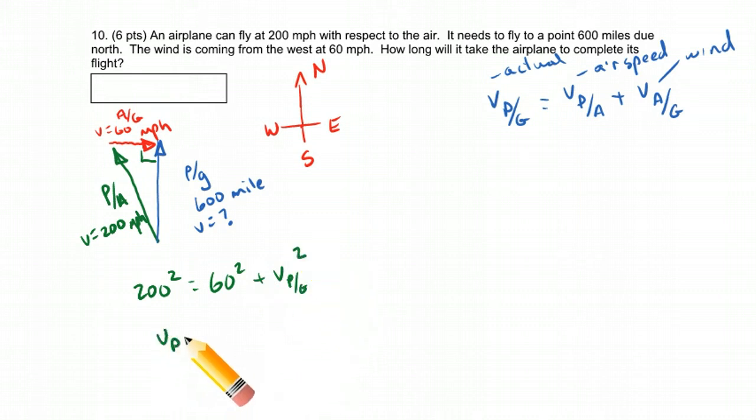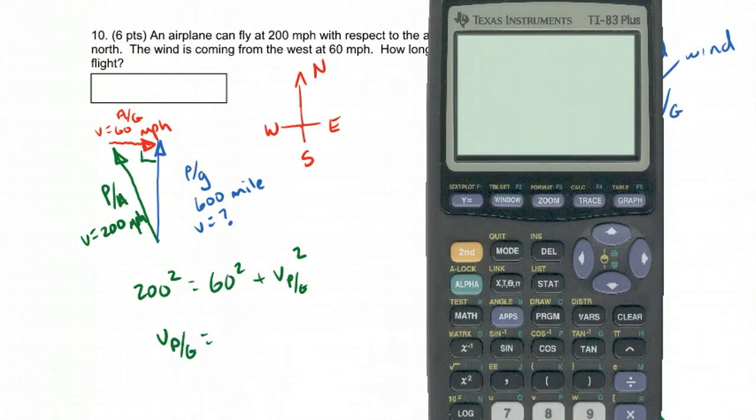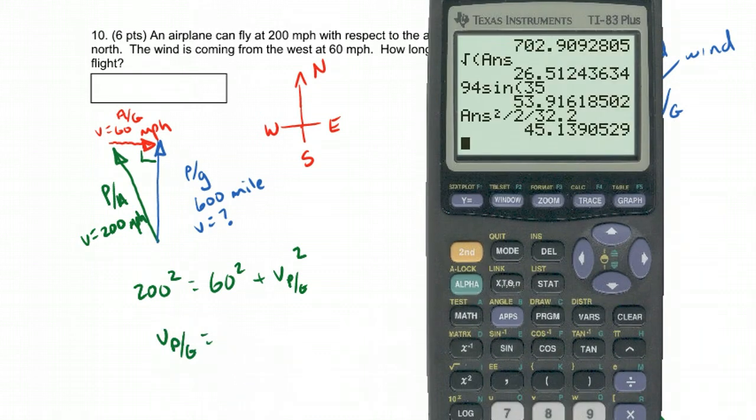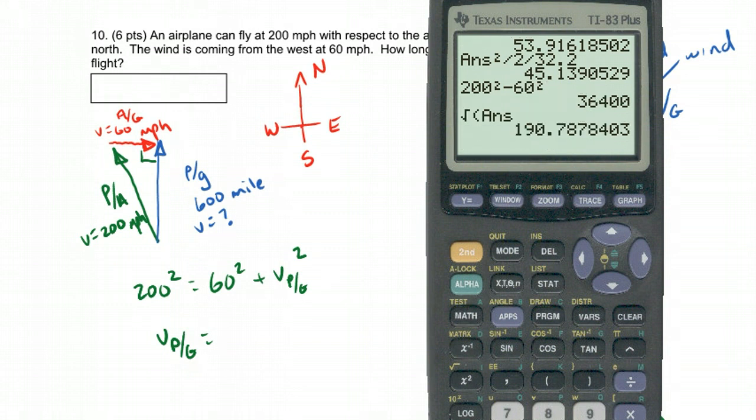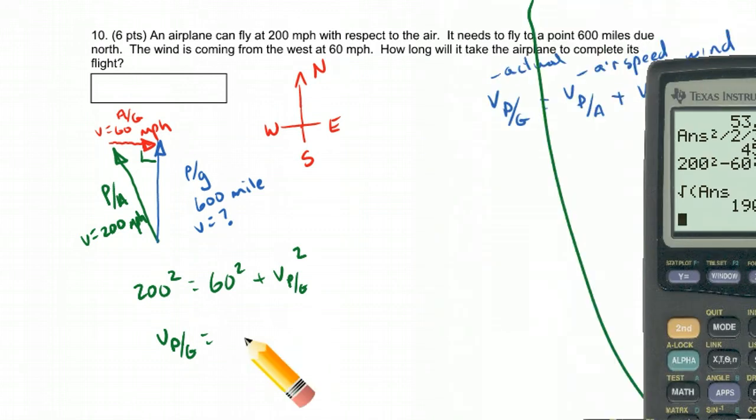So the velocity of the plane with respect to ground is going to be the square root of 200 squared minus 60 squared, which is 190.8.